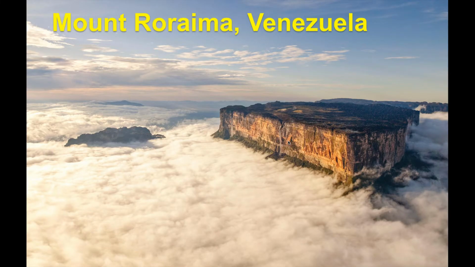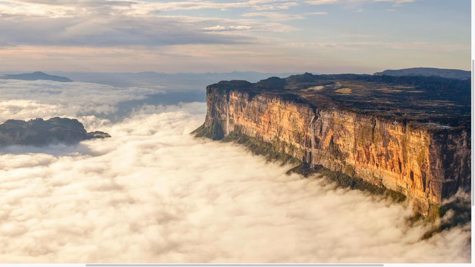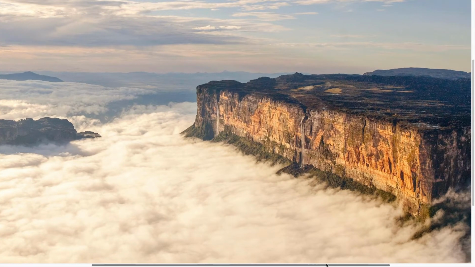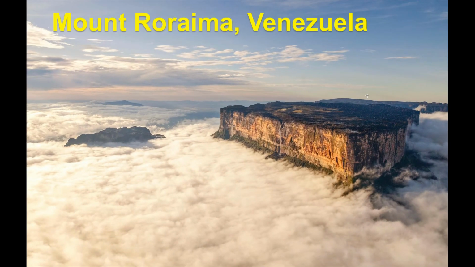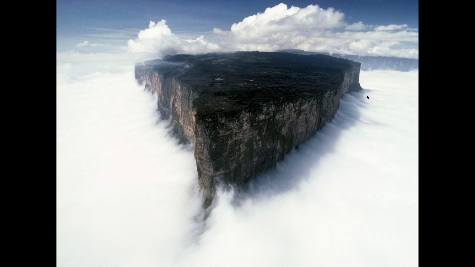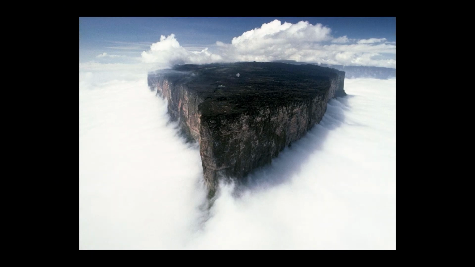Mount Roraima in Venezuela. This one has both the vertical aspect and the horizontal aspect to it. So there's this fairly, not necessarily clean, but abrupt vertical face, and then an abrupt, more or less horizontal face as well. There's a decent look at it.